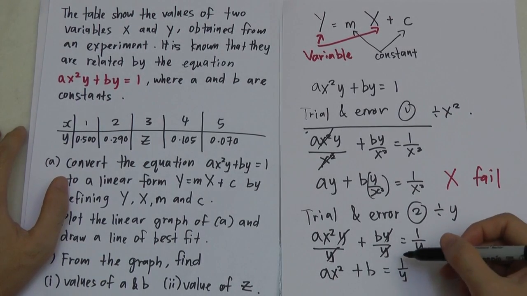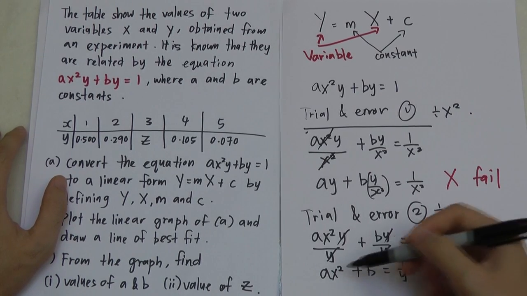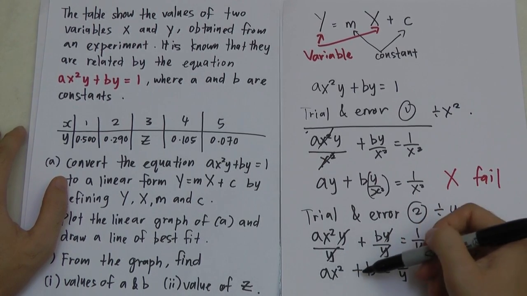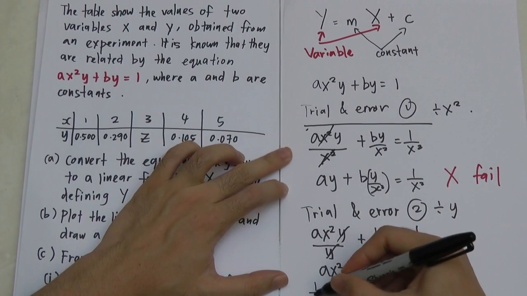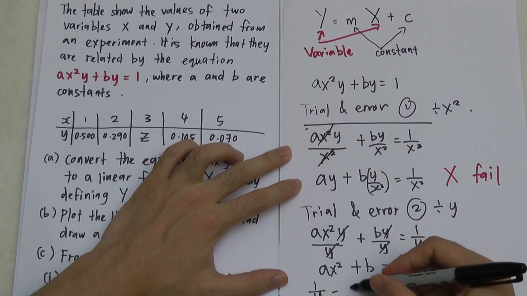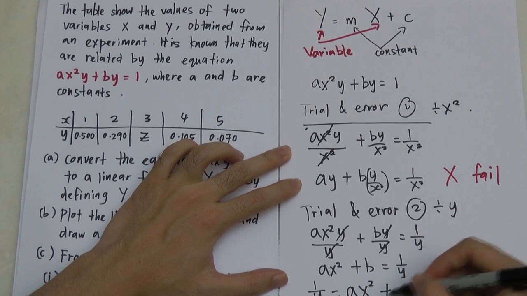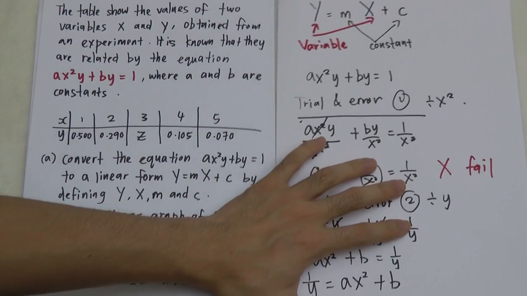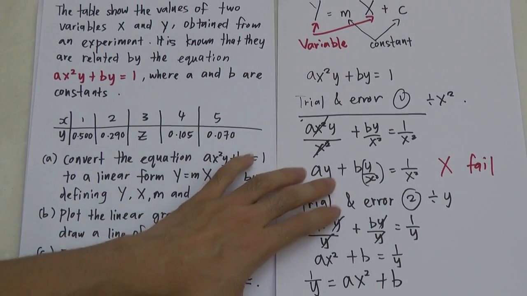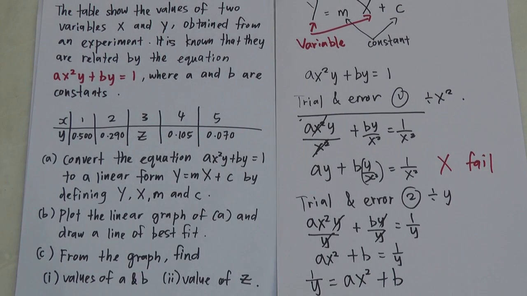Alright, so over here, if I assume this one is y, then this a will be m, this one will be x, and this one is plus c. So I'm going to rearrange this one. I get 1 over y equals ax squared plus b. Oh, sorry, it's out of the screen. Okay, so if you see this one, I'm going to clarify over here.